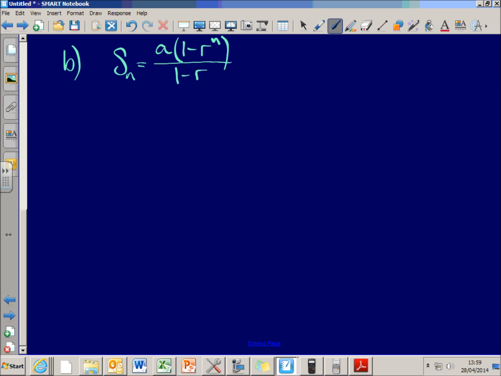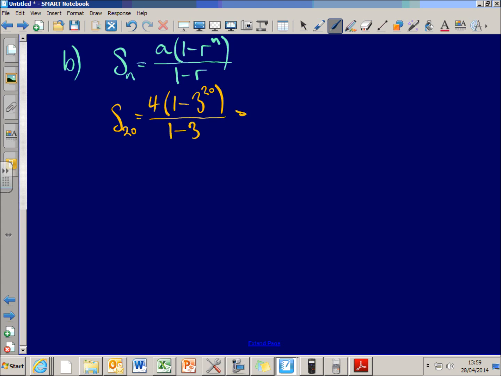Is everyone happy with that? That's in the formula book. So the sum of the first 20 terms, which is what this is asking us about, should be a, which was 4, times 1 minus 3 to the power of 20, divided by 1 minus 3.